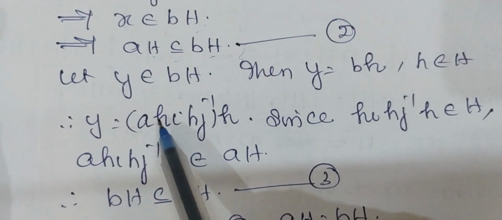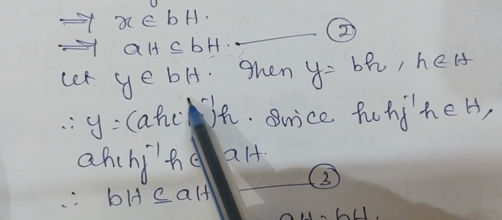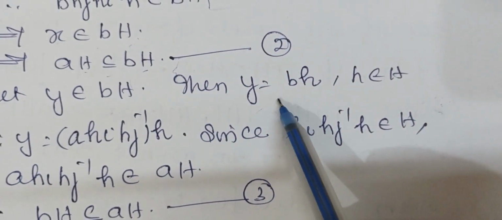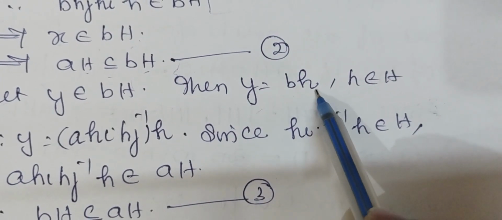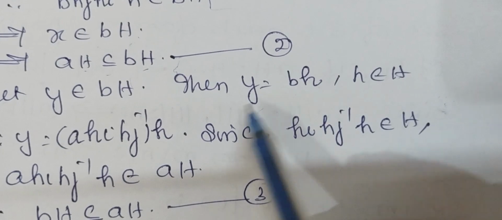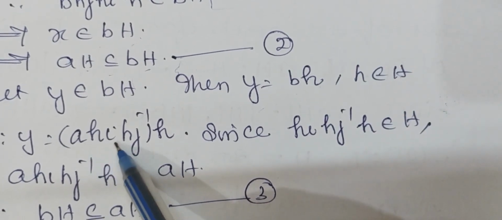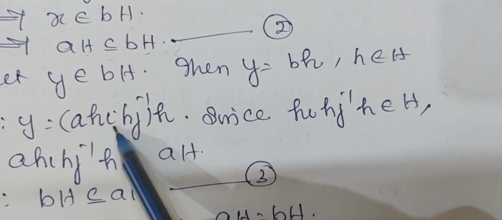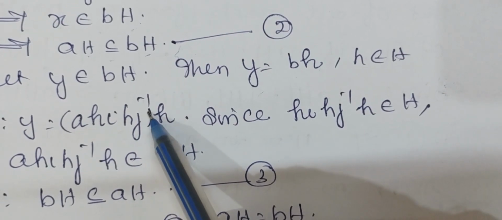Now you take another element from bH. y belongs to bH, that is also of the form y is equal to bh, where h belongs to H. Instead of b we can substitute the value, which we already derived as ah_i h_j inverse.